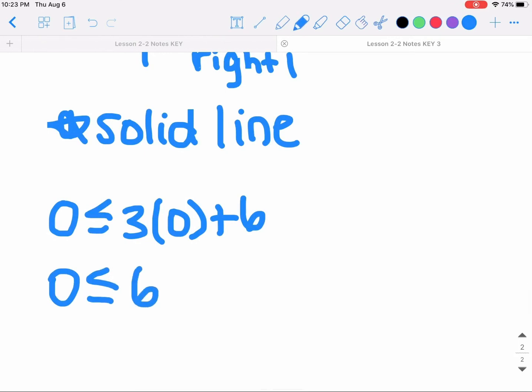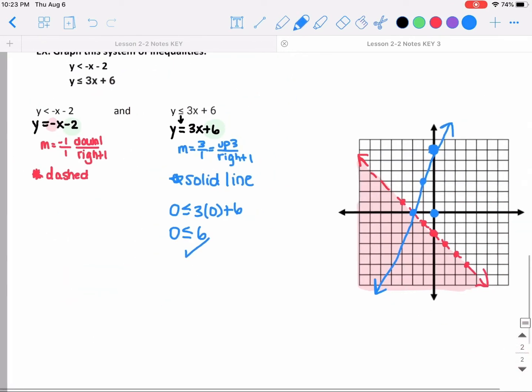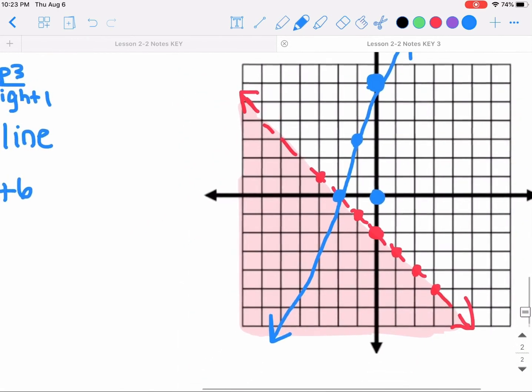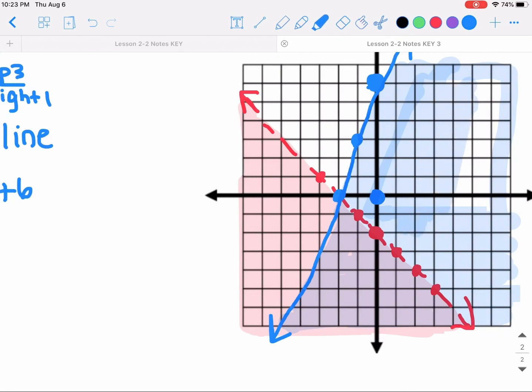Is that true? Yes, it is, which means 0, 0 is included, which means I'm shading this side. So I'm going to shade to the right-hand side. If you're not sure, it's always easiest to check with 0, 0. I recommend using that point if you need to check.